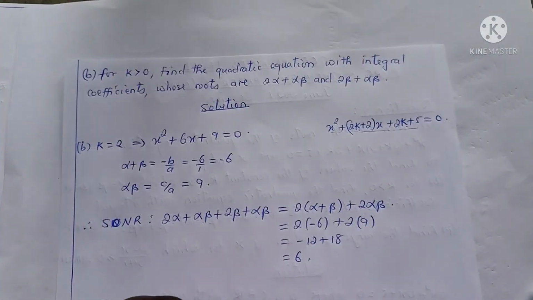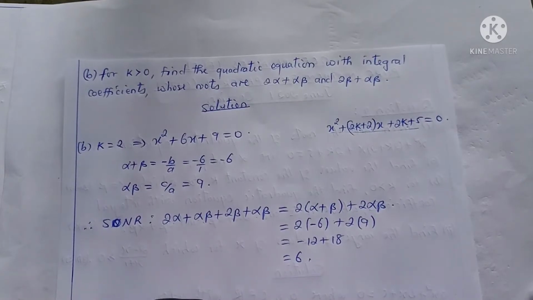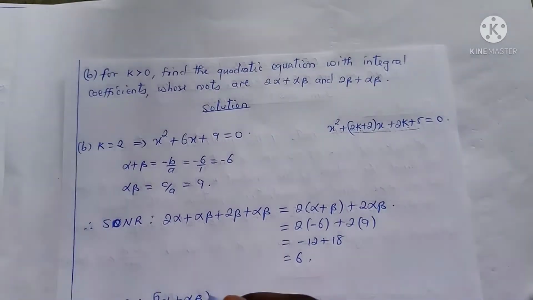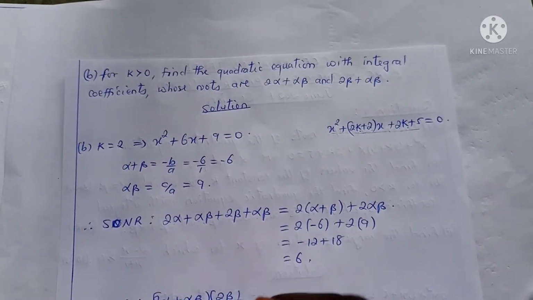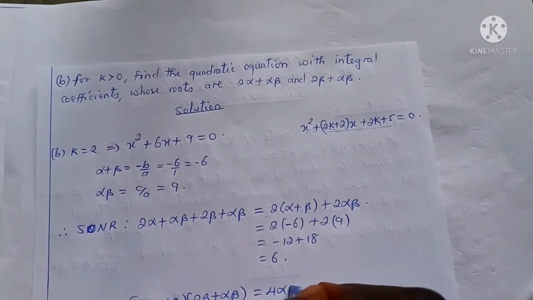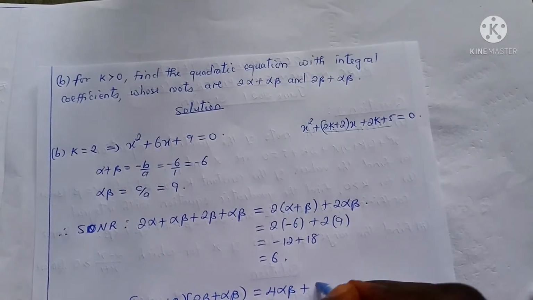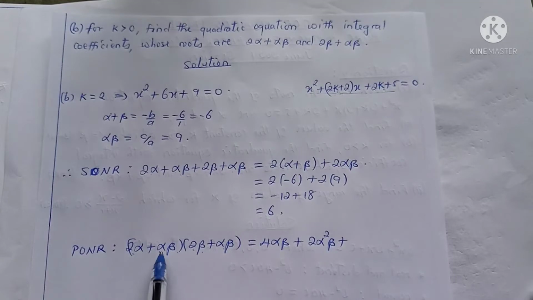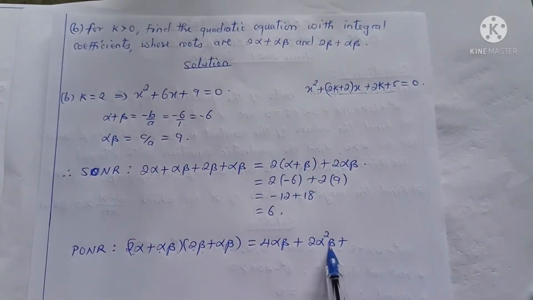We also need to find the product of new roots, which is 2 alpha plus alpha beta into 2 beta plus alpha beta, which is equal to 4 alpha beta plus 2 alpha squared beta. That is, if we take 2 alpha times alpha beta, this is what we're going to obtain.